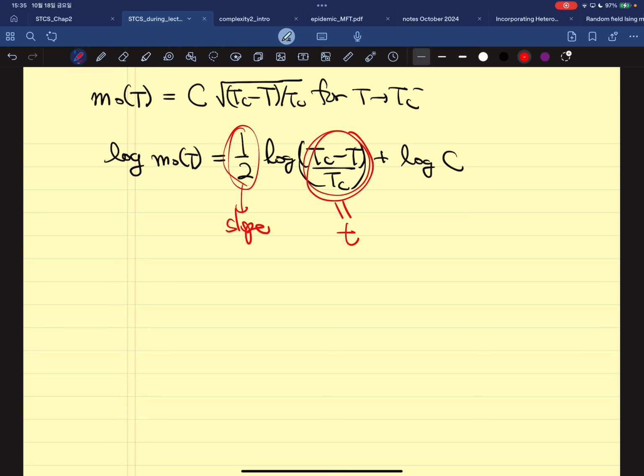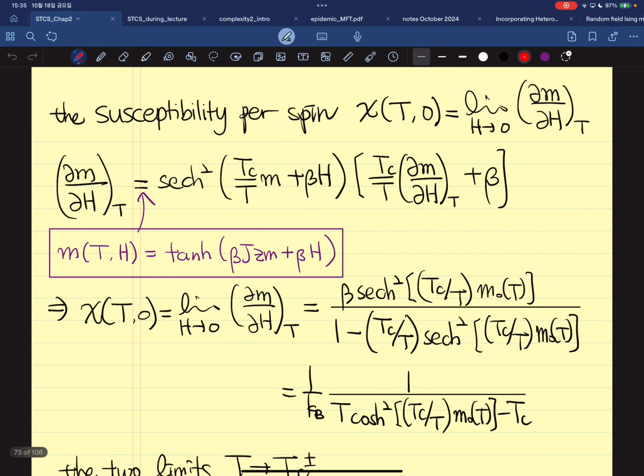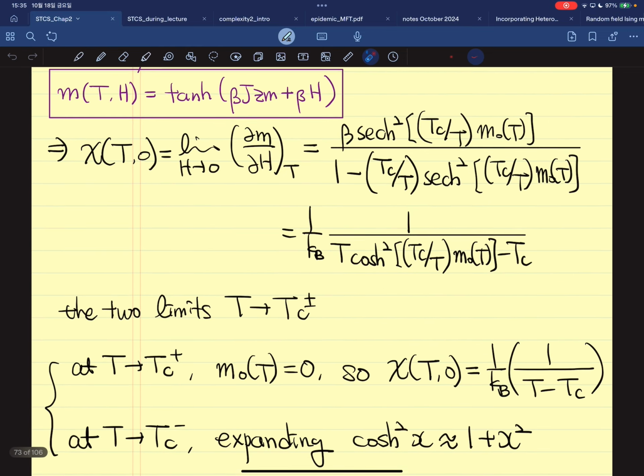And we can calculate other quantities like susceptibility per spin with what many textbooks call a little algebra. We can derive all the necessary quantities.